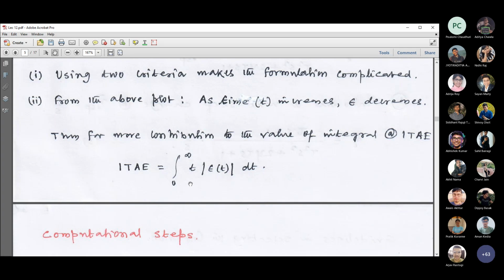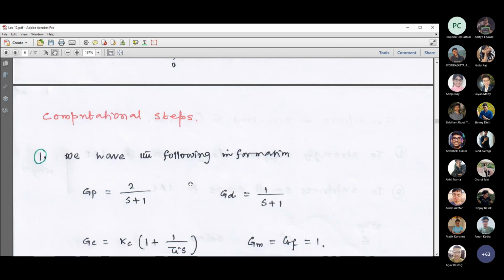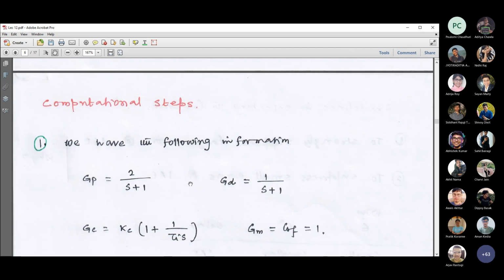Let me provide the sequential computational steps which we need to follow for controller tuning by using the time integral performance criteria. For this, let us take one example with these transfer functions.